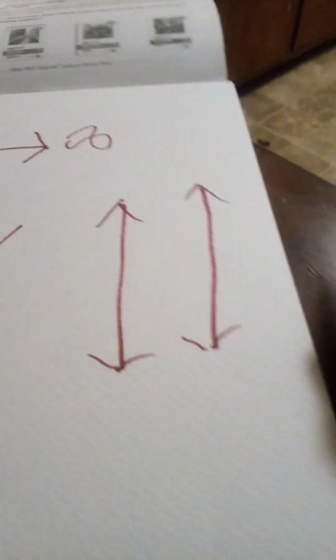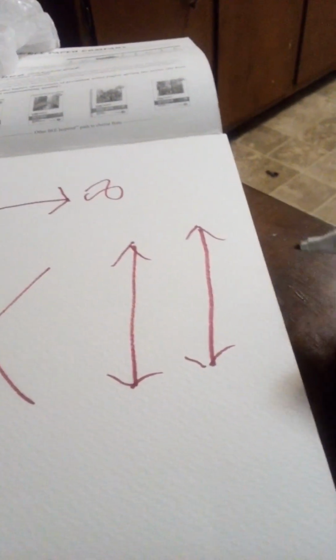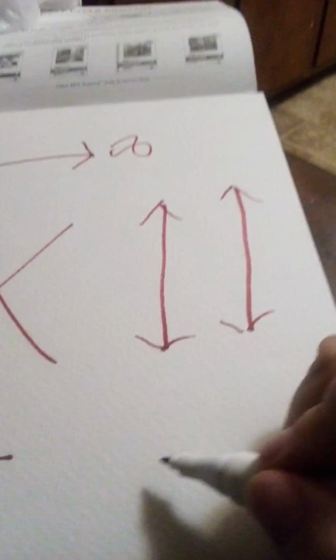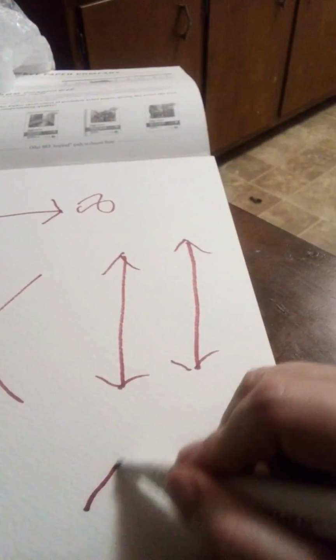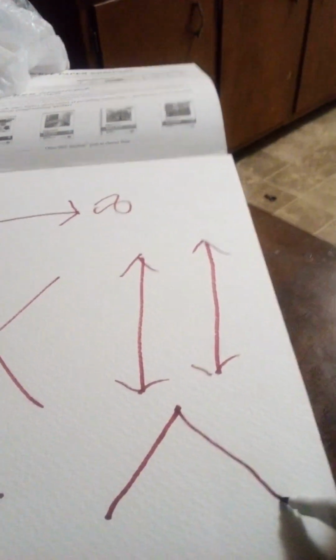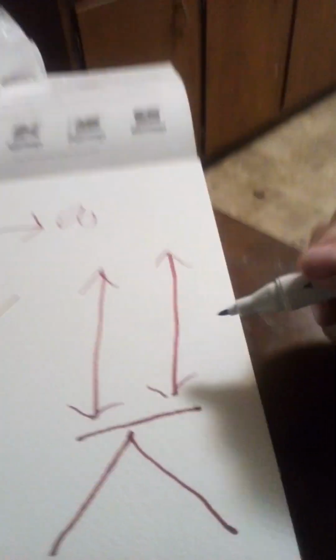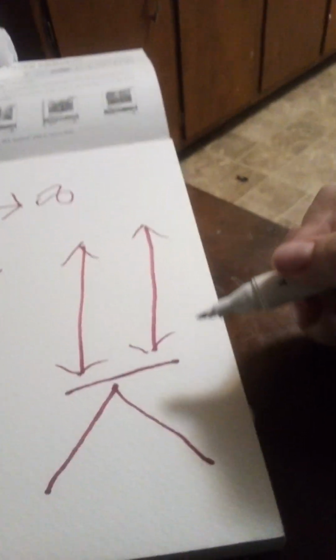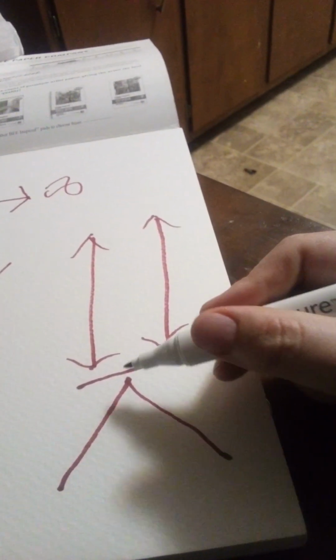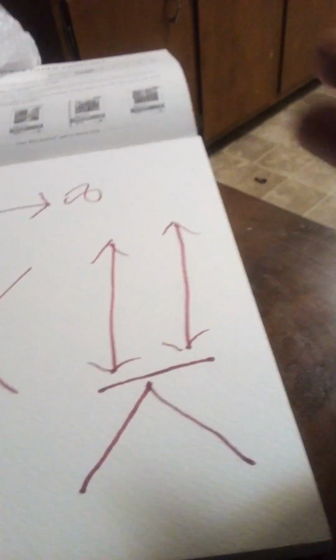Now, interestingly enough, when we draw something in art using perspective, we will always go to the horizon line. When you draw parallel lines in perspective, you'll notice that they do meet at the horizon line, or at least you would assume.